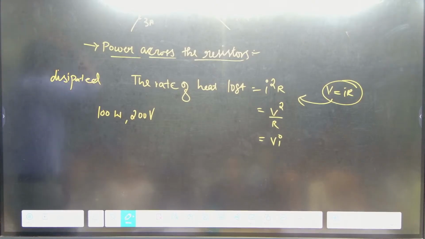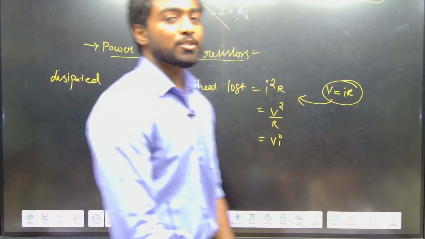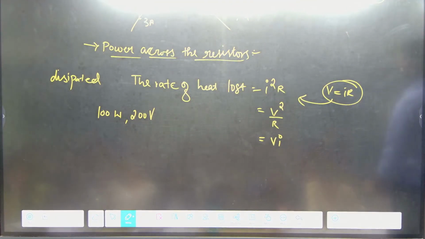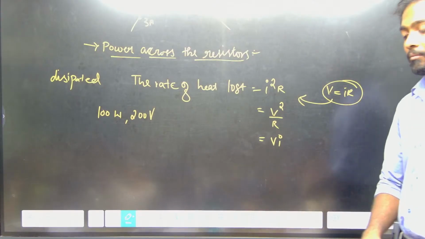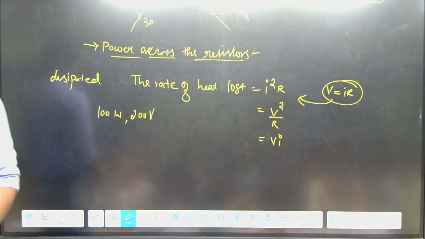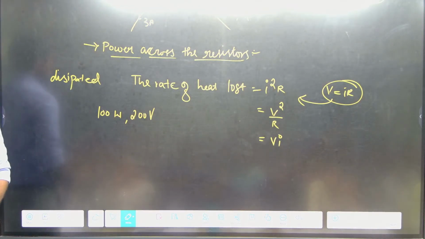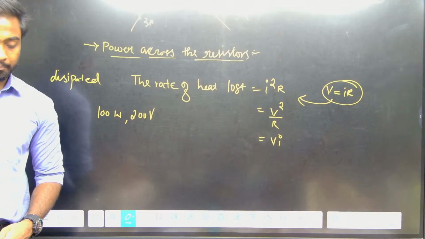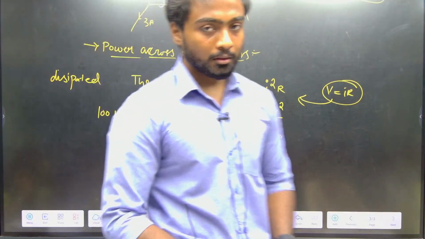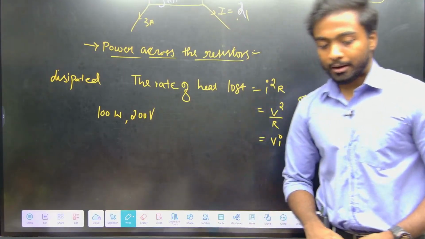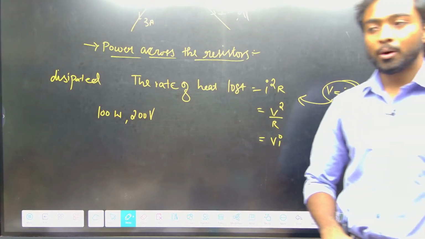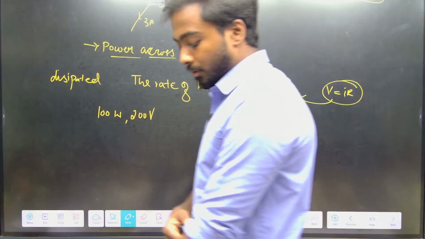Dissipated, which means released, when it is connected across a 200 volt battery.